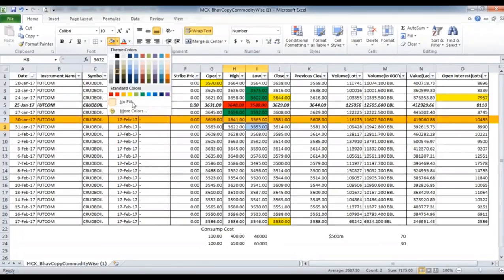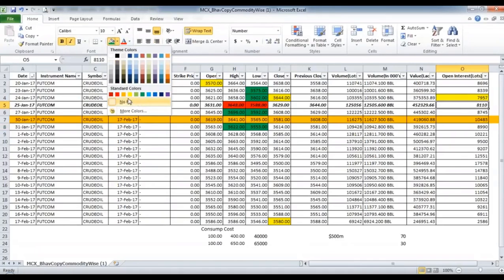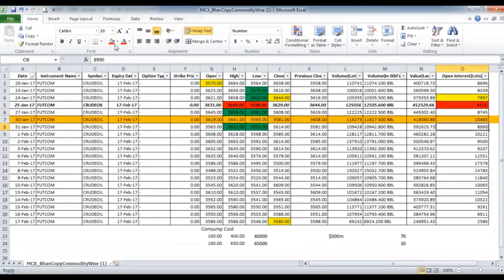Is this a support kind of? Because there was more buying. This day there was more selling, and this day there is more buying. Is it matching your situation? Resistance is formed, support is formed. Agreed?